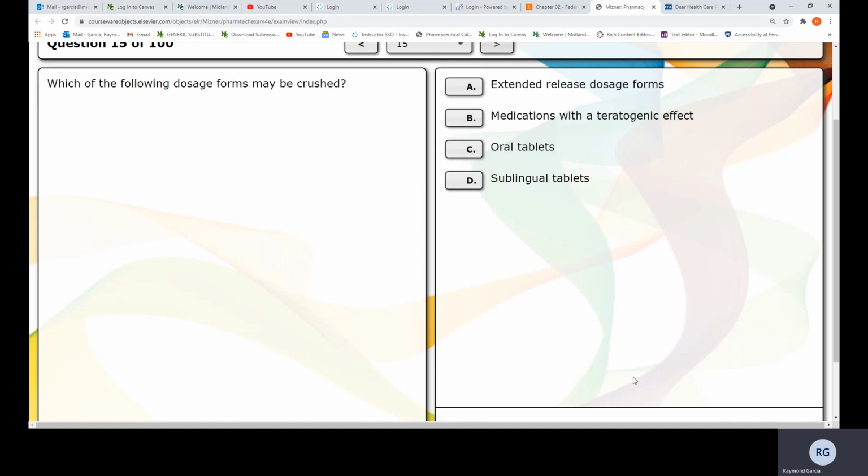Which of the following dosage forms may be crushed? Extended release dosage forms, medications with teratogenic effect, oral tablets, or sublingual tablets.